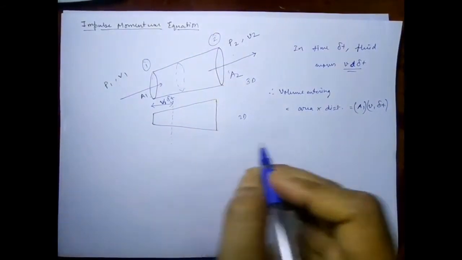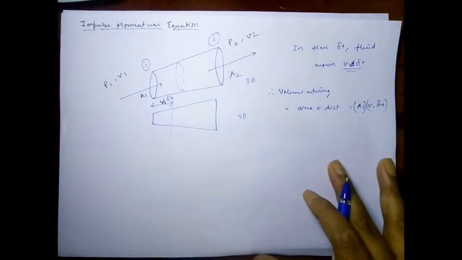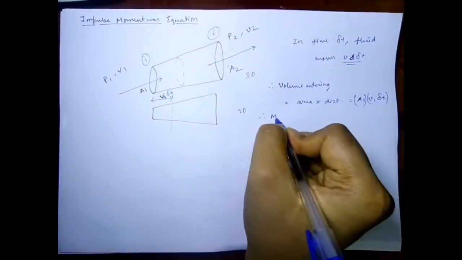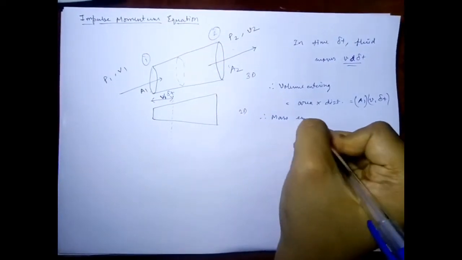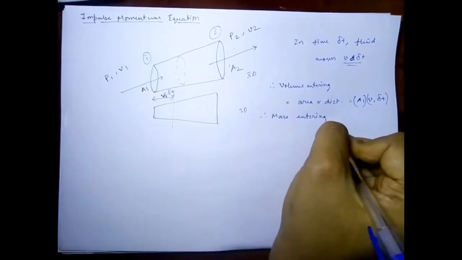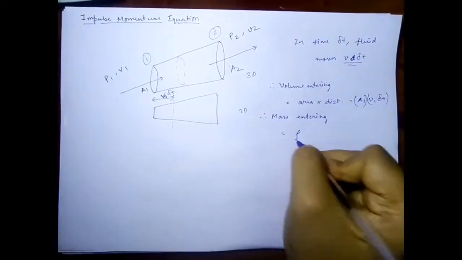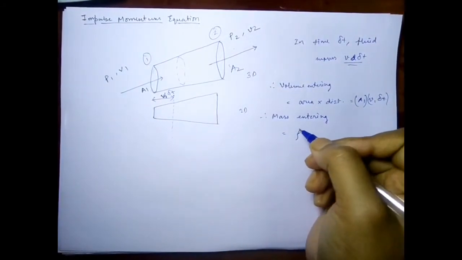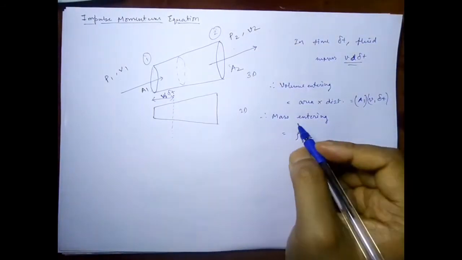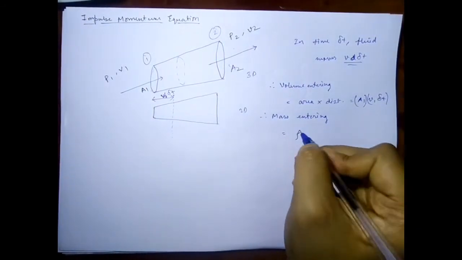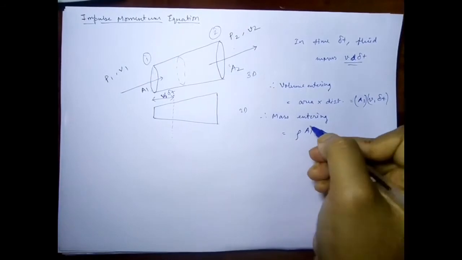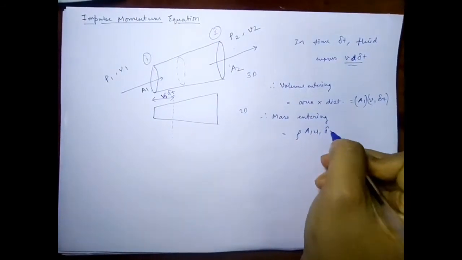So therefore if this is the volume, simply the mass entering will be the multiplication of this with the density, that is rho. Suppose rho is the density, then it is rho A1 U1 delta t.